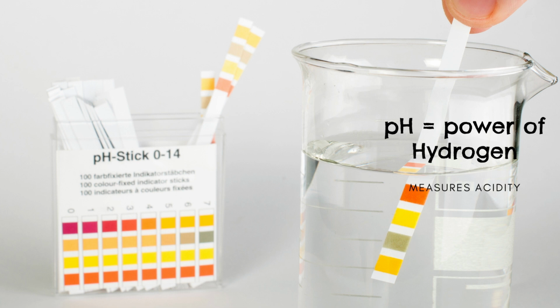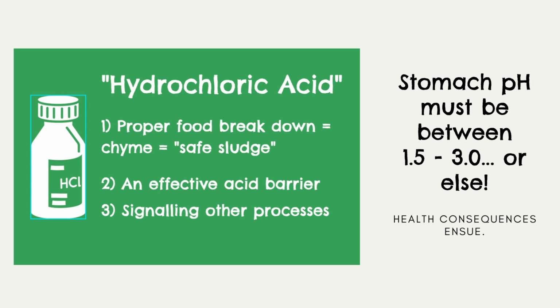It's neutral. Now, here is what you need to remember. In order for the 3 roles that stomach acid performs for the body to be successfully carried out, literature has shown that the pH needs to be between 1.5 and 3.0, so very acidic.